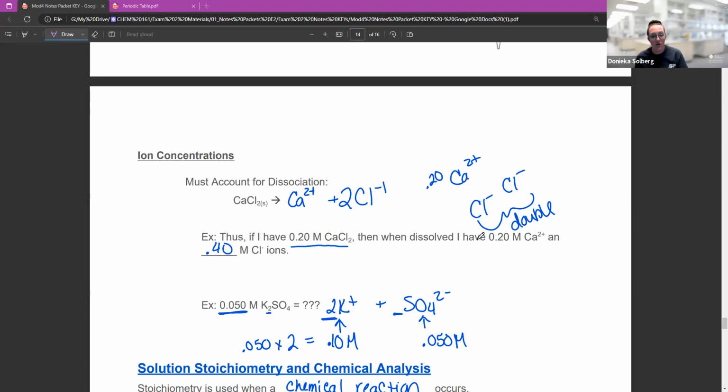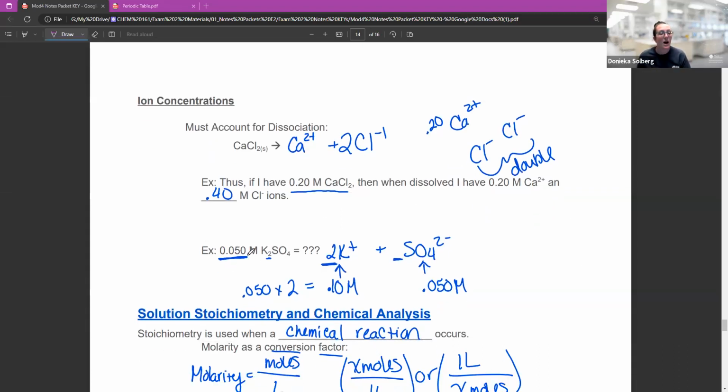So I would have a 0.2 molar calcium, but I would actually have a 0.4 molar chloride because it's double. This is a 1-to-1 ratio, and this is a 1-to-2 ratio. So every time a calcium chloride dissolves, I get a calcium and I get 2 chlorides.